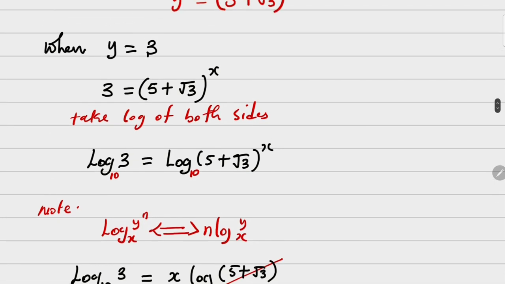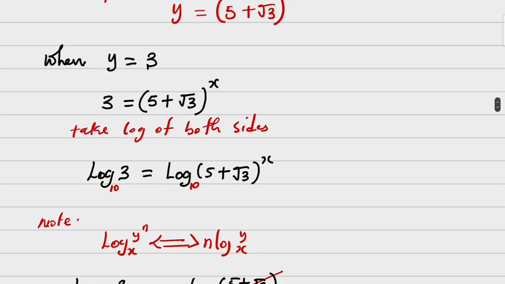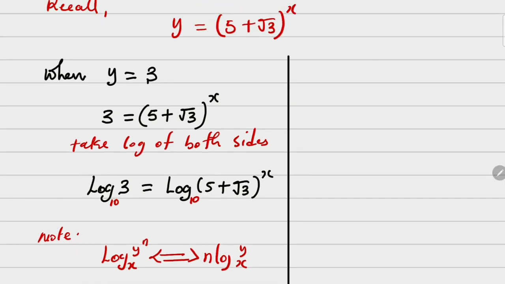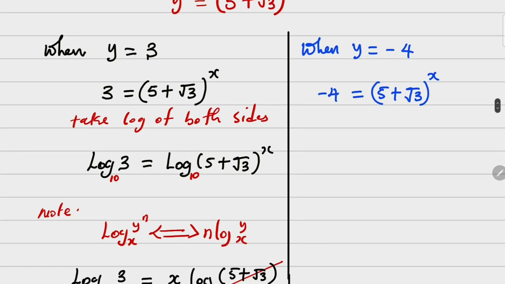But you know, we have two values of y, sorry. So what about if I decide when y is equal to minus 4, what will happen? I'm going to have minus 4 is equal to 5 plus root of 3 all raised to power x. And taking log of both sides just like I did, I'm going to have log of minus 4 is equal to log of 5 plus root of 3 all raised to power x, of course.